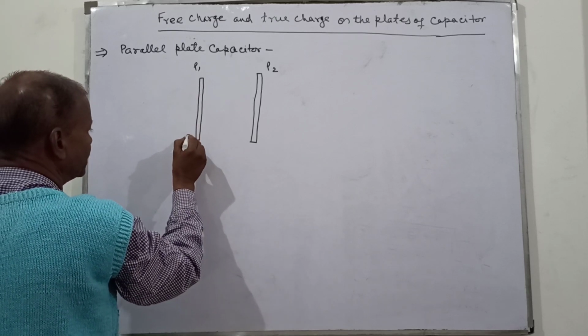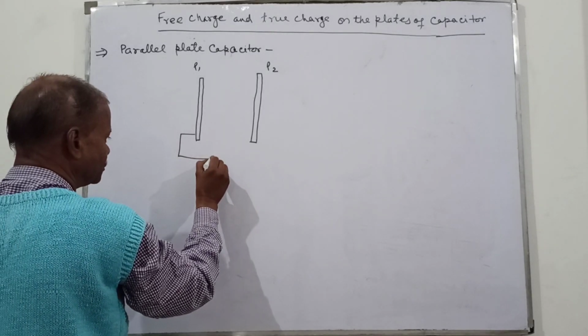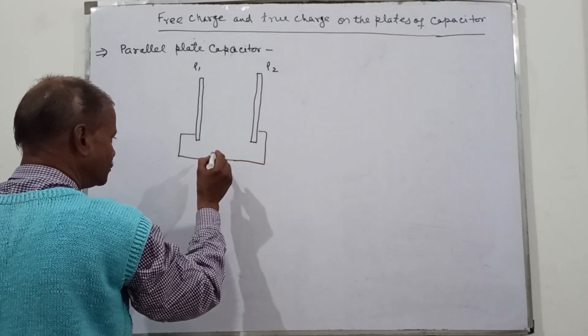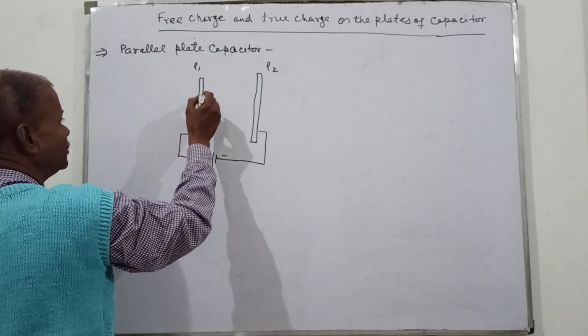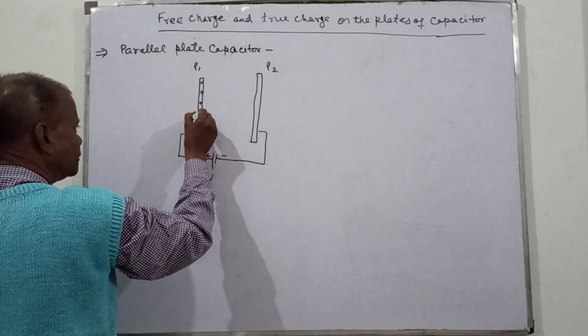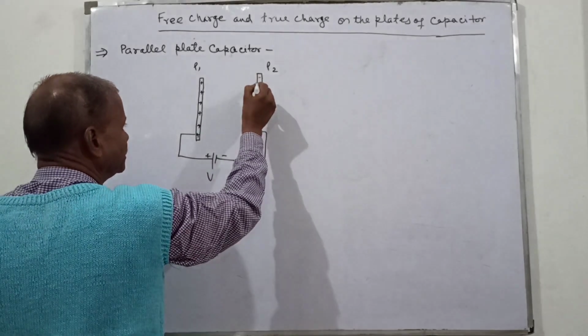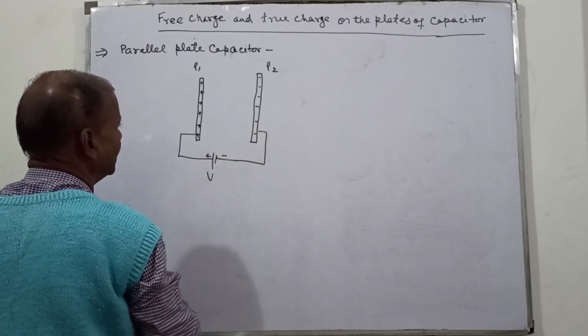And these two plates are connected to the source of voltage V. Then this will get the positive charge and this will get the negative charge, like this.